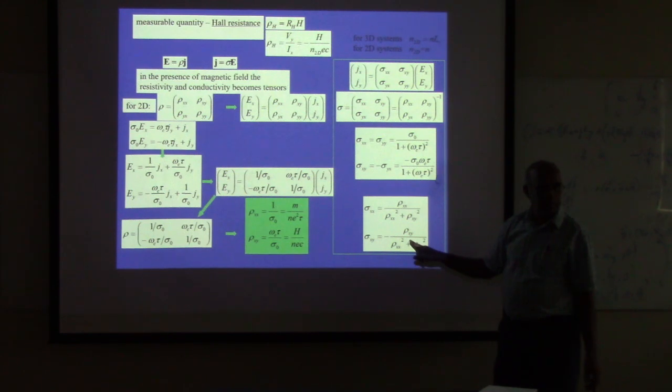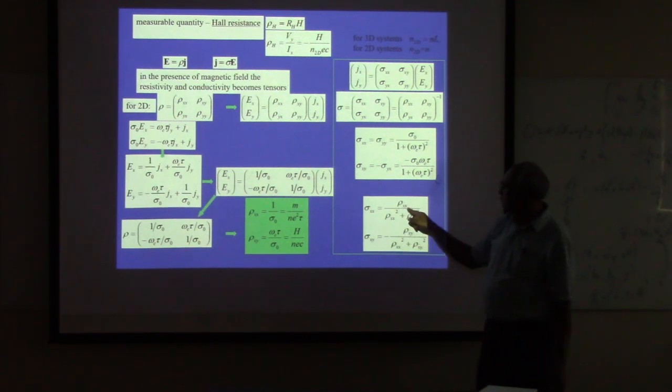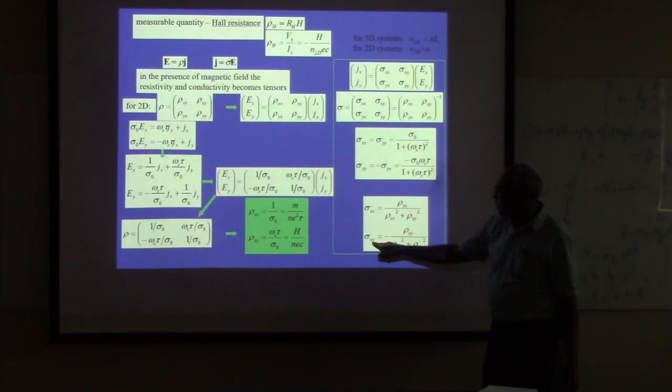Okay, understand that? If rho xx is 0, definitely sigma xx is 0, but sigma xy is not 0.